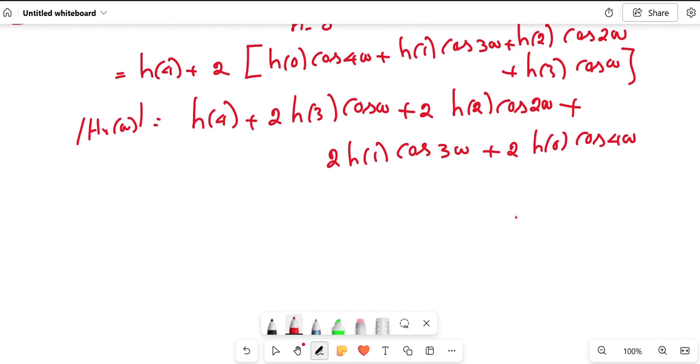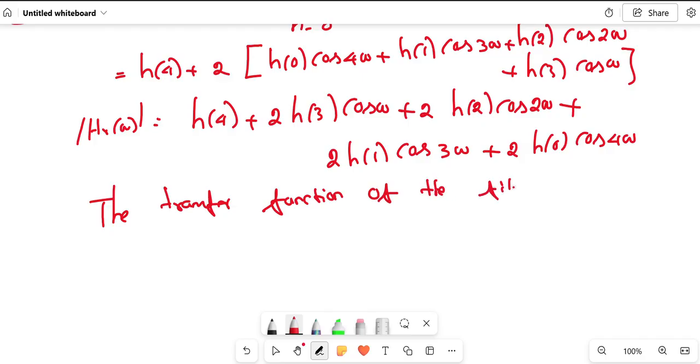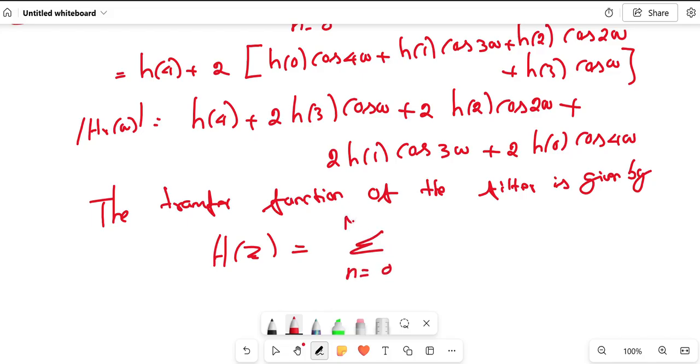Similarly, the transfer function of the filter is given by H of z, the system function in a digital filter, which is the summation of n equal to 0 to M minus 1 h of n into z power minus n.